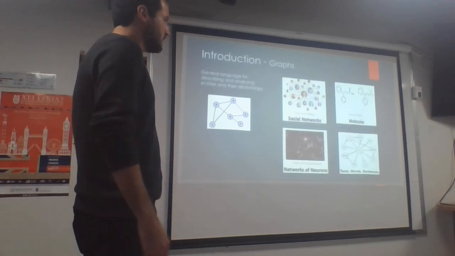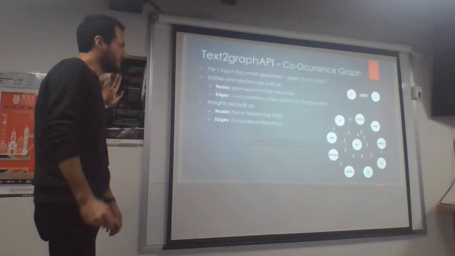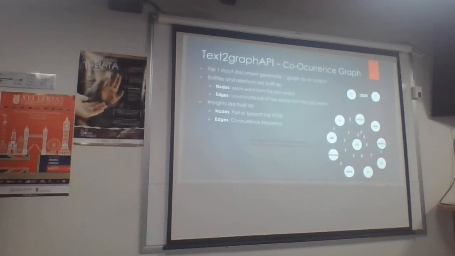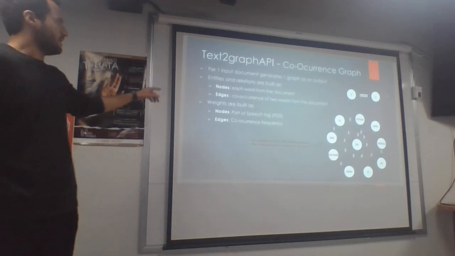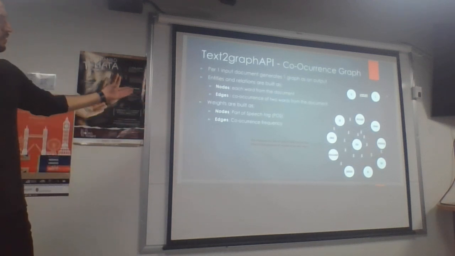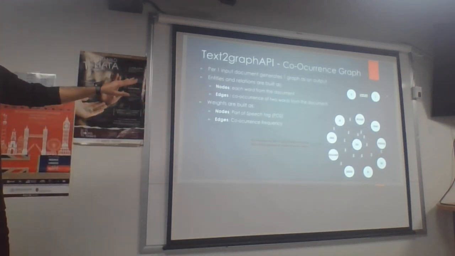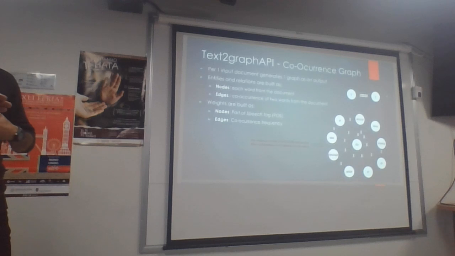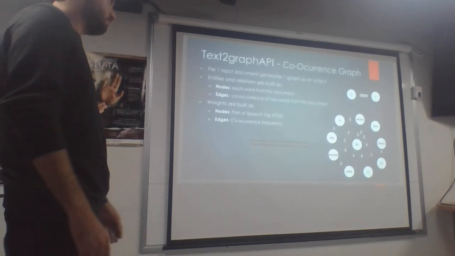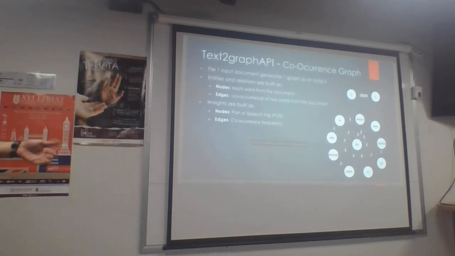For example, a very simple and popular representation is the co-occurrence graph. Here we represent each word from a document as a node, and the co-occurrence of two words in the document as an edge. Also, we can assign weights or attributes to the graph.